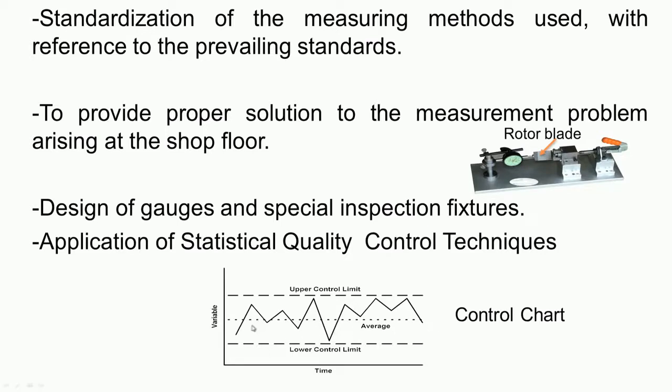Now the measurement points are scattered well within the upper control limit and lower control limit. This indicates that the process is under control. Whenever a measuring point goes beyond the upper control limit or beyond the lower control limit, then necessary actions should be taken so that the process is brought back under control. The necessary action may be in the form of changing the machine setup or changing the computer programs, etc.